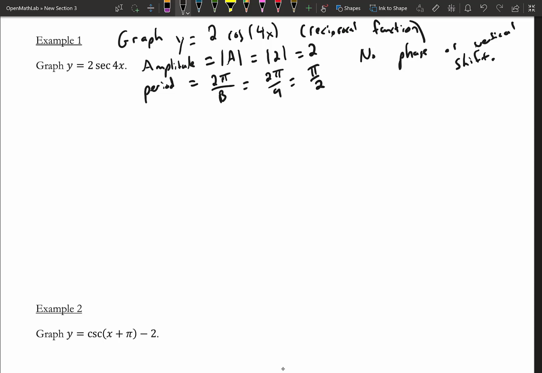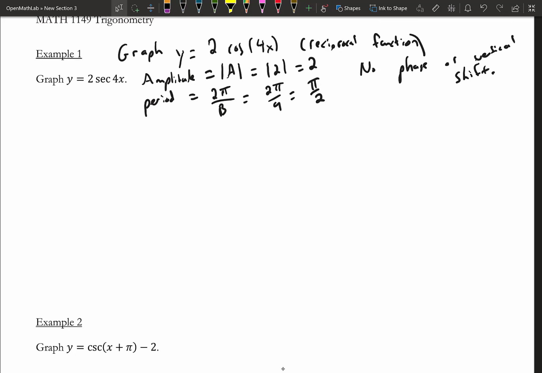To find what I'm increasing by each time, we take the period and divide it by 4, which gives pi over 2 divided by 4, which is pi over 8. That's what we want to go up by each time.